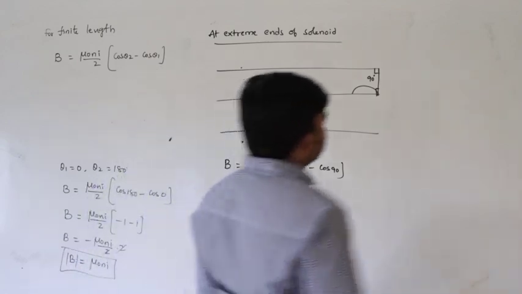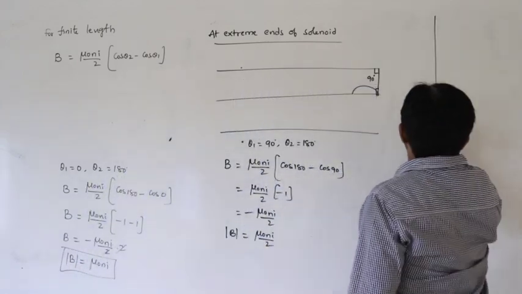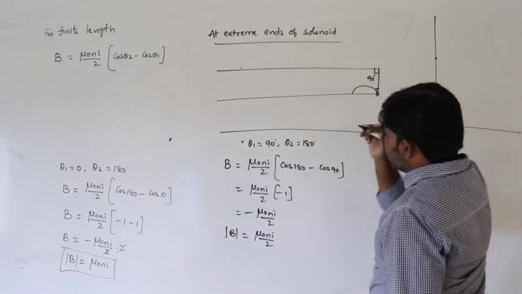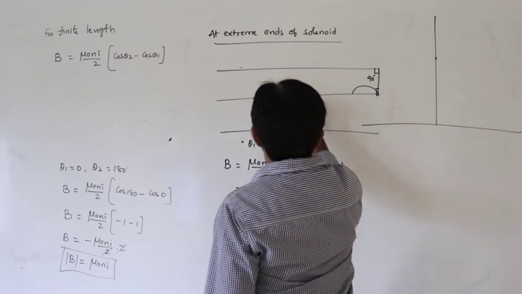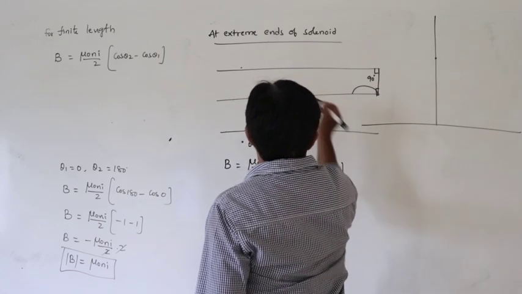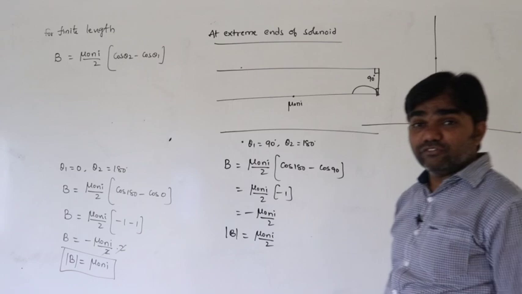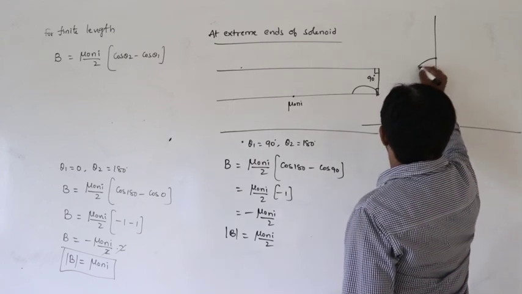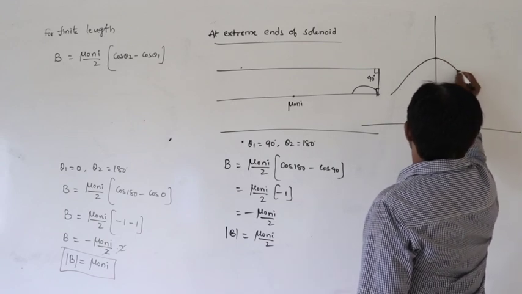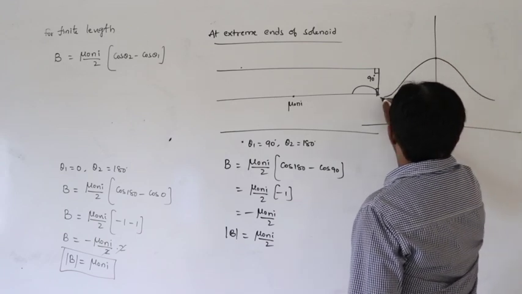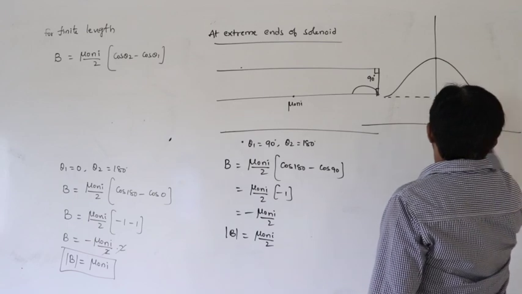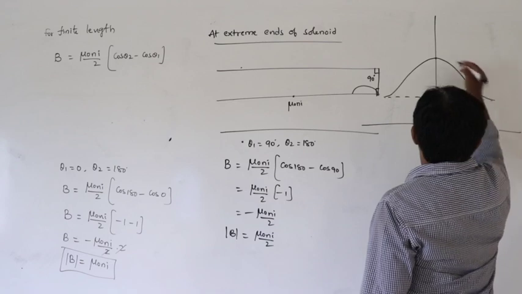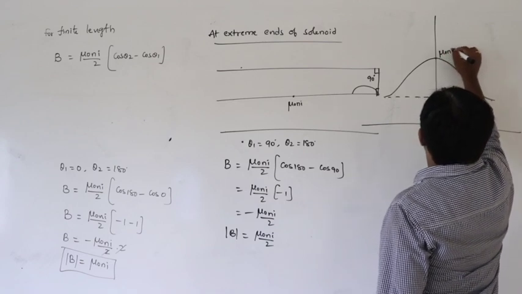So if we draw the graph for this, this is the magnetic field. The magnetic field at the center of the infinite length solenoid is mu naught Ni. As we move toward the extreme ends, this value decreases. At the end it is mu naught Ni by 2, and at the center it is mu naught Ni.